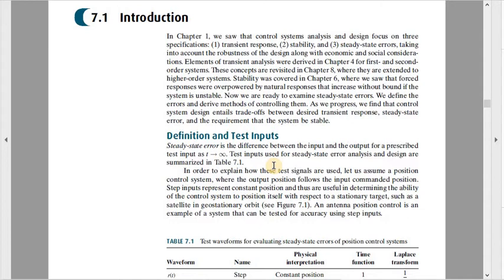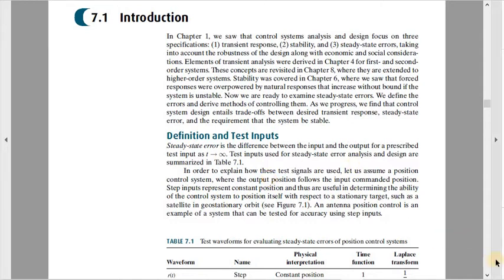Whenever we have to do some analysis, we need some standard input so that we know how a system behaves with a particular input. That also helps us compare with other systems. Now, what are the inputs that we normally use for steady state analysis?